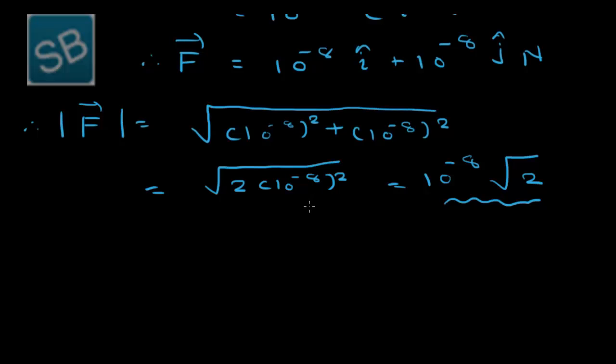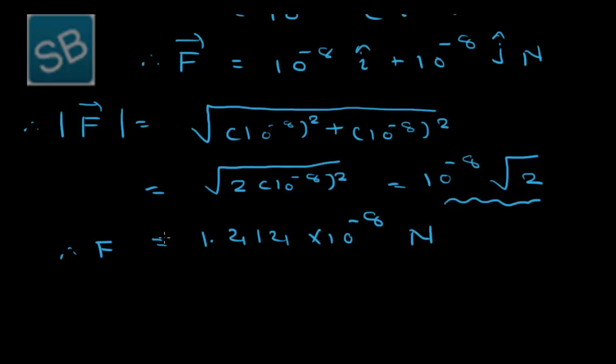So this is basically the value of force, and if you want to expand, then root 2 has the value 1.414, so F is equal to 1.414 into 10 to the power minus 8 Newton.